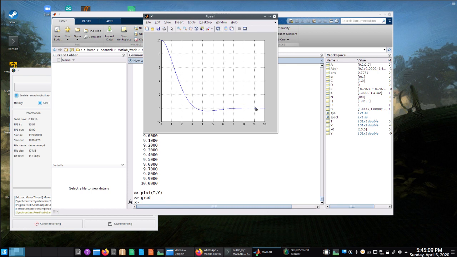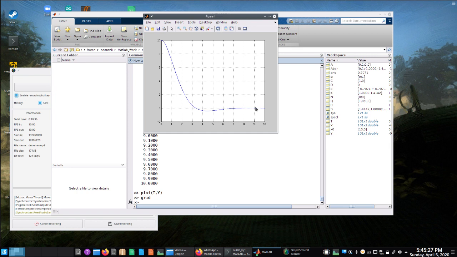So our regulator achieves what it's supposed to do, which is to take the first state from 10 to 0 in a fairly short amount of time.